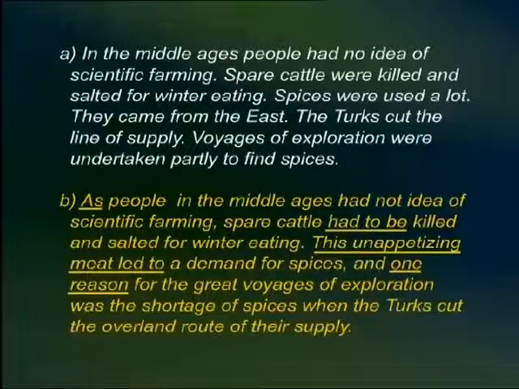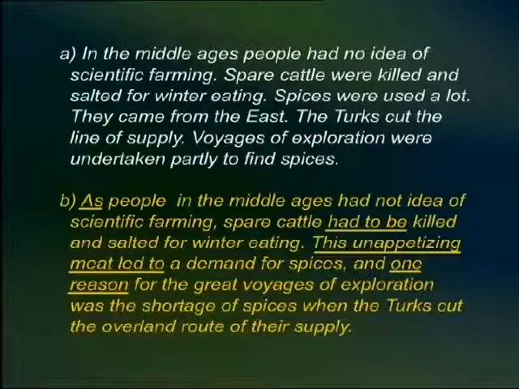Look at passage B. Again, it is a summary of a longer passage. It's the same idea, but it is written in a different way. As people in the Middle Ages had no idea of scientific farming, spare cattle had to be killed and salted for winter eating.